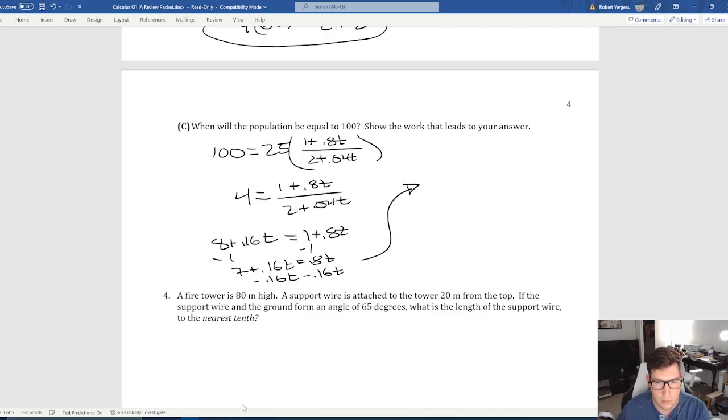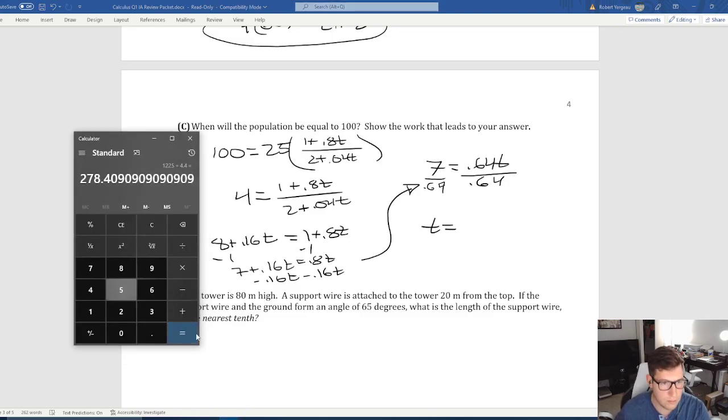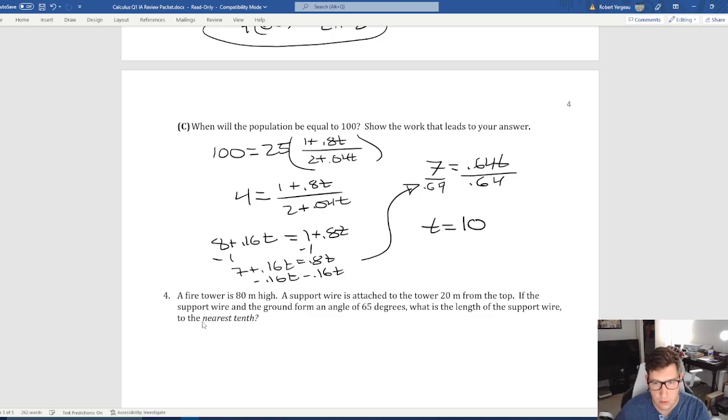Now learn that 7 is equal to 0.64t, divide by 0.64. To learn that t is equal to, let's pull our calculator back up, 7 divided by 0.64. Now, notice that it doesn't say round or anything, so we're just going to go out to 2 decimal points when in doubt. So we're going to have 10.94 months.